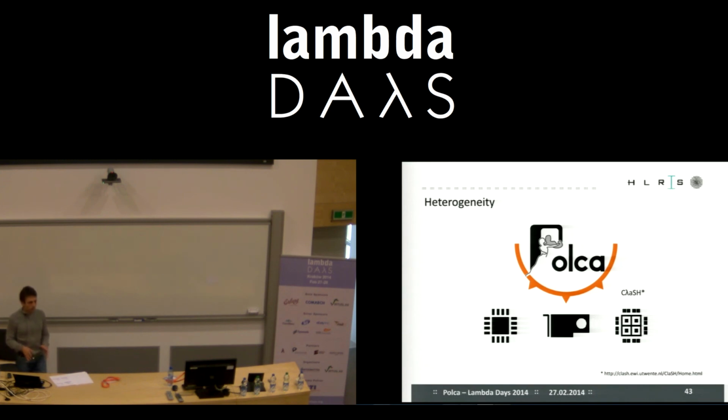For example, our partner developed one system called Clash. Clash is a subset of Haskell that you can directly compile to VHDL, and VHDL is the language you usually use to program FPGAs.